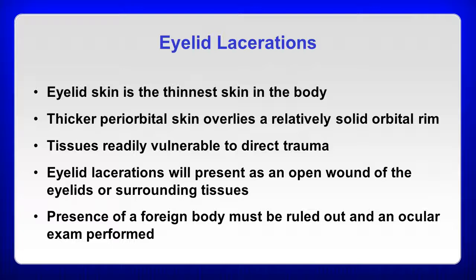You need to make sure that in addition to managing the eyelid laceration, there are no other foreign bodies in and around the eye, and that you still do a full ocular exam.